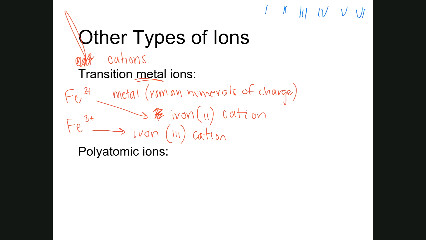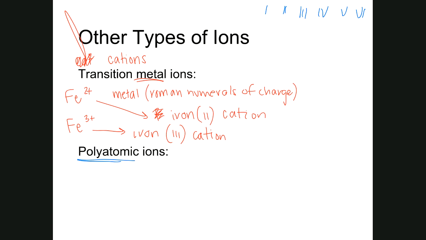Then we get to our polyatomic ions. Poly means several or many, and atomic here, right, atom. So many atoms here as opposed to our monatomic, which is just one atom. Now these atoms can be the same element. We see that with peroxide. Peroxide is 2 oxygen atoms.